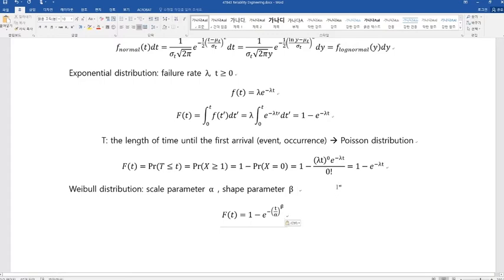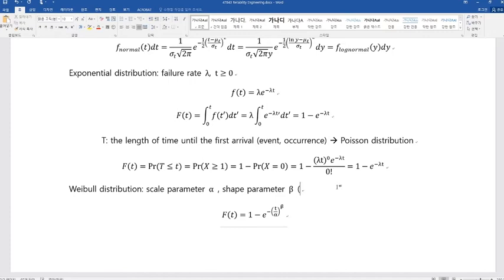So maybe you may understand when this Weibull distribution becomes equivalent to exponential distribution.